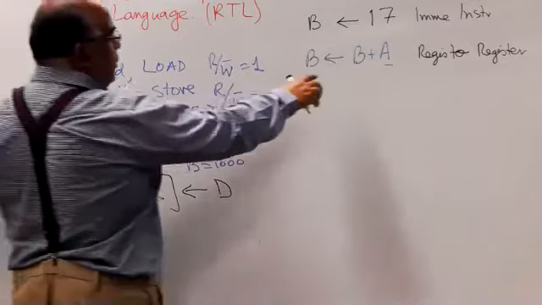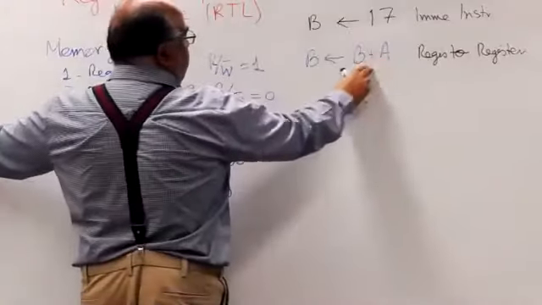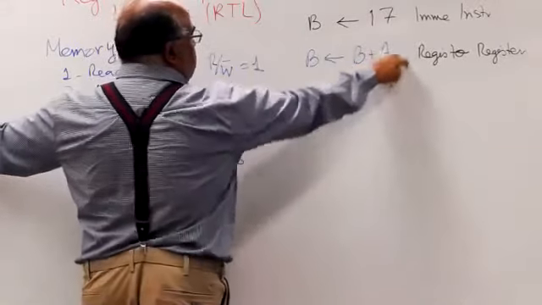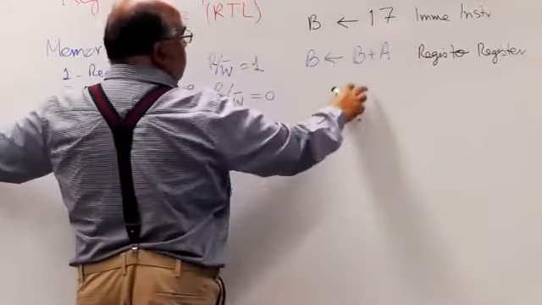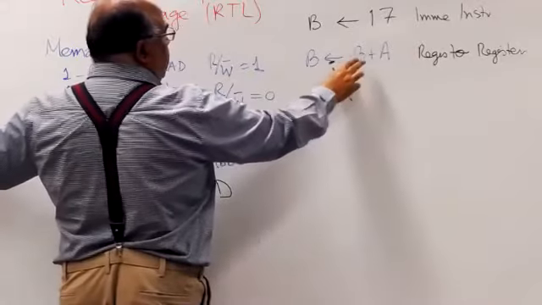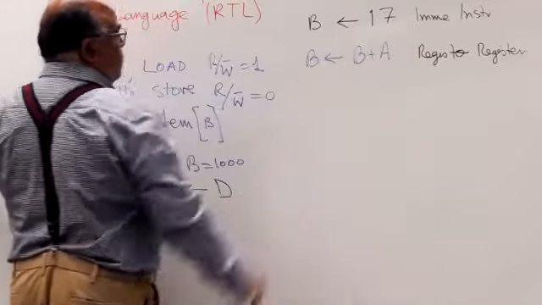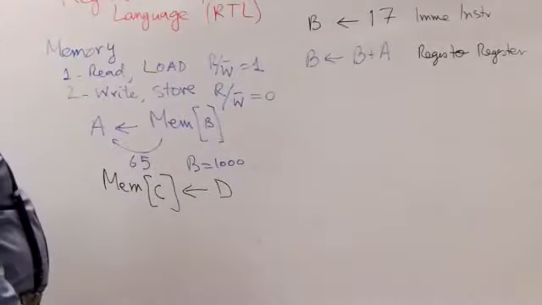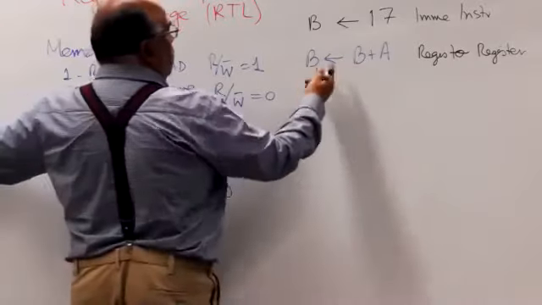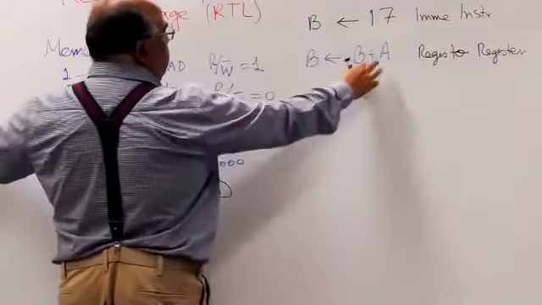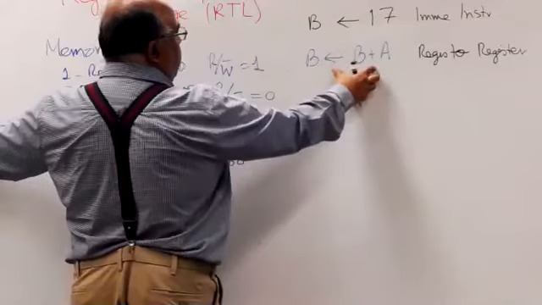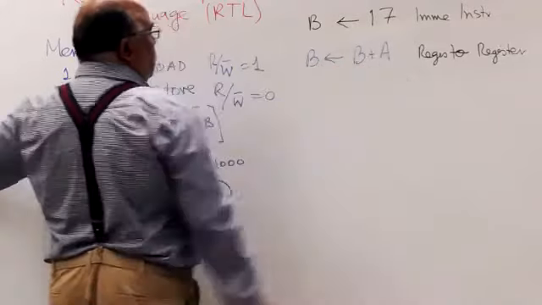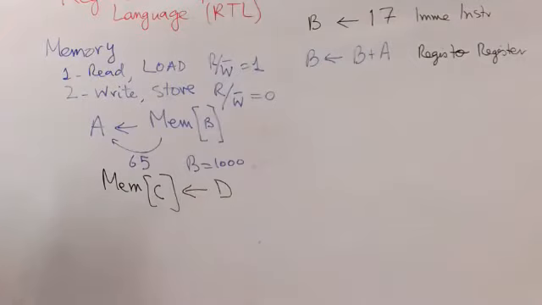This is being calculated somewhere and proper time is given for it. The calculation completes, then the clock comes and the result is stored. It is not that A and B are given and the clock is immediately applied. Between this and this there is a delay, enough for it to perform its function.